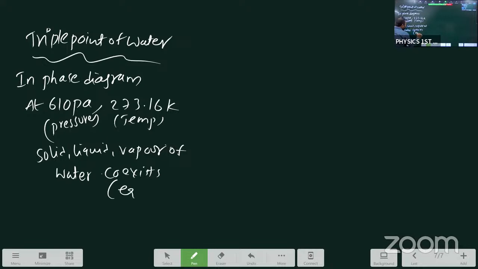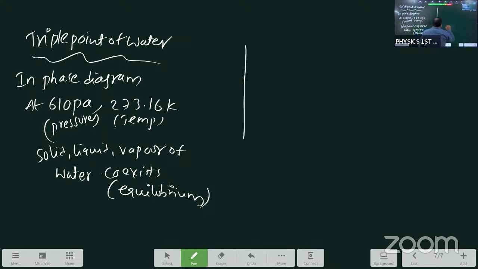Coexist is nothing but equilibrium. So students, in the phase diagram, at 610 Pascal pressure and 273.16 Kelvin temperature, solid, liquid, vapor of water are in equilibrium. Solid, liquid, vapor of water coexist. That is nothing but the triple point.